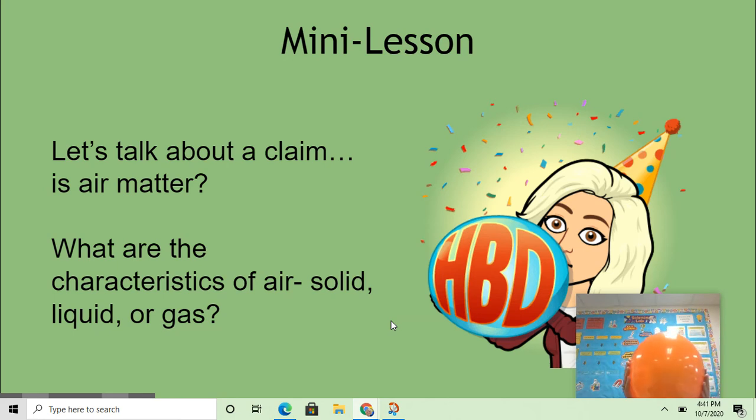And because each state of matter takes up space, and I also know that when I'm talking about the state called gas, that the particles are moving around. So as I blew up the balloon, the particles in my air made the balloon get bigger and bigger and bigger. And so I can explain scientifically what happened when the balloon got bigger.